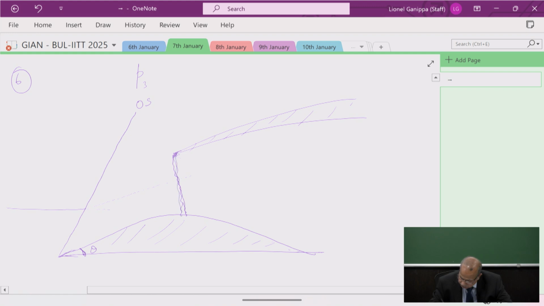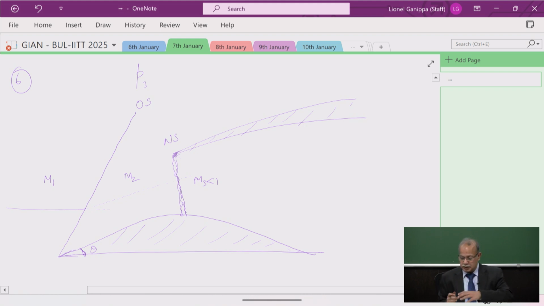which is at the throat. The minimum area is here. So this is the normal shock, which is not explicitly given in this problem here. So the first part is 1 oblique shock, 1 normal shock. The second one is 2 oblique shocks and 1 normal shock. One thing is very clear: once the flow encounters the normal shock, it becomes subsonic. Here it is M1, M2, M3 will be subsonic.